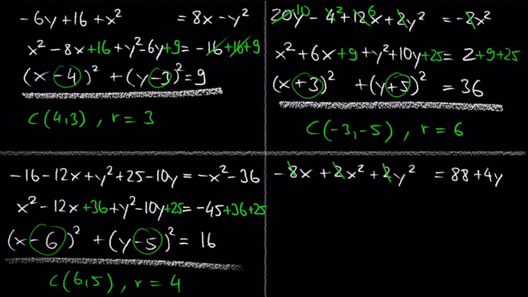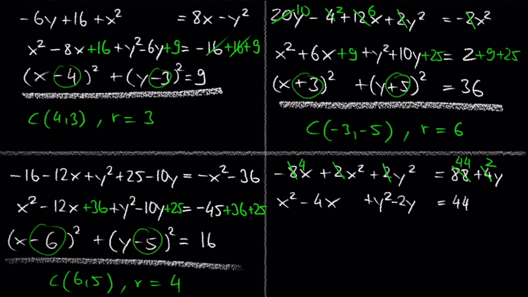The half of 8 is 4. The half of 88 is 44. And the half of 4 is 2. So we get x squared minus 4x plus y squared minus 2y equals 44.